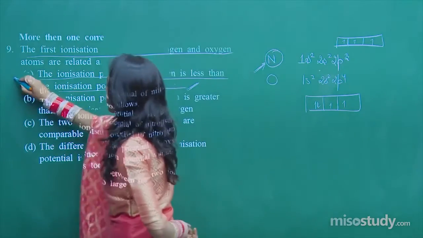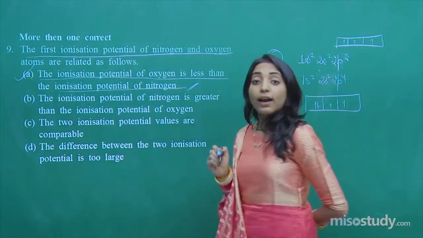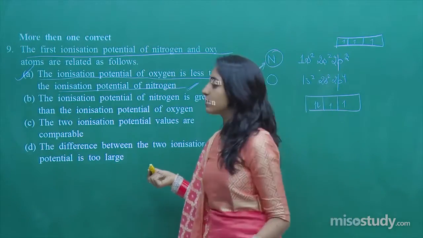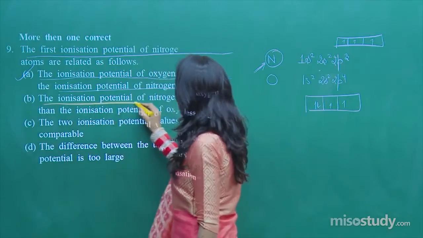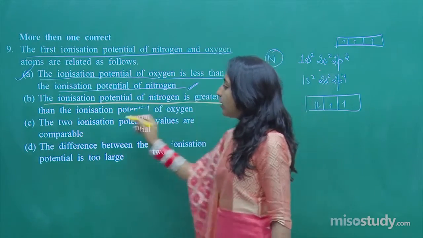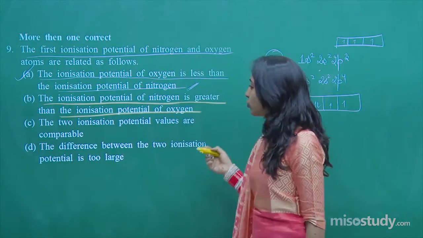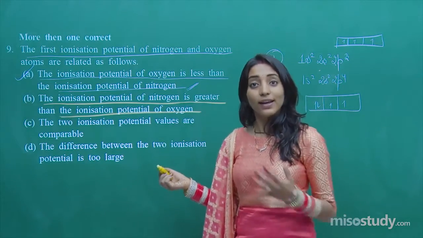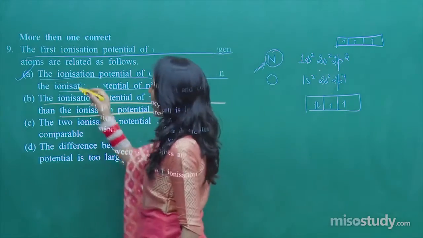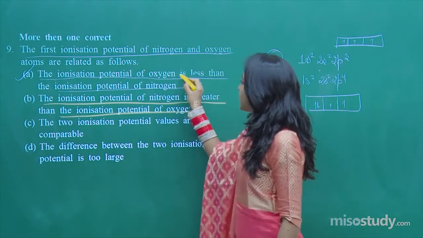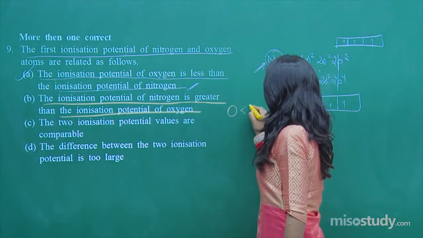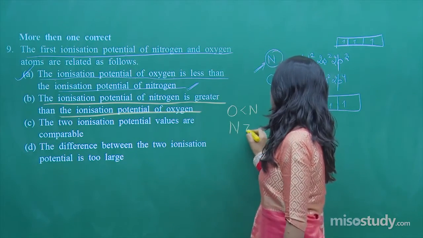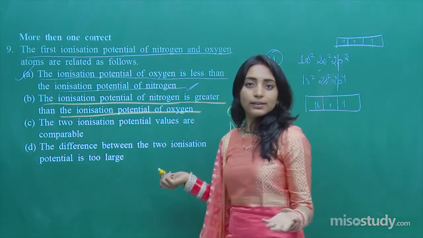That's correct. Now see, since there is more than one correct answer, you need to go through all the options. Second is, the ionization potential of nitrogen is greater than the ionization potential of oxygen. It's the same option written in a different manner. Same thing, right?